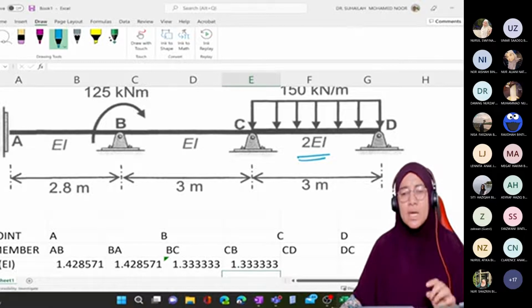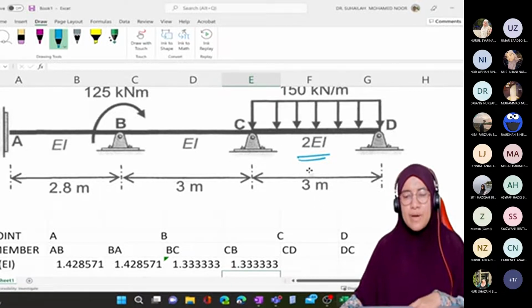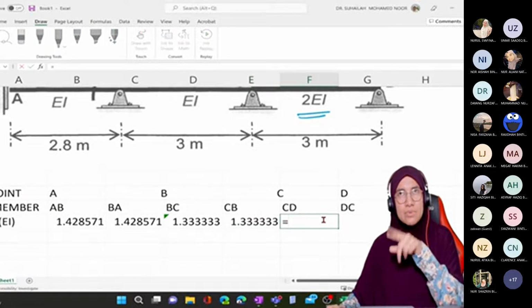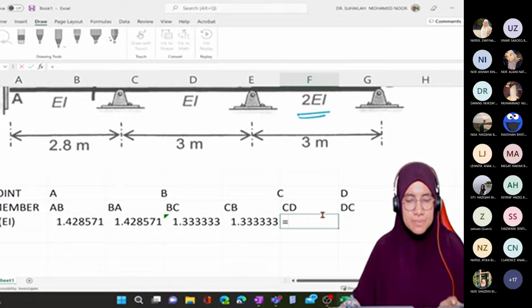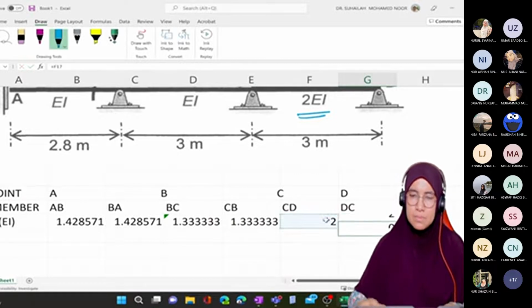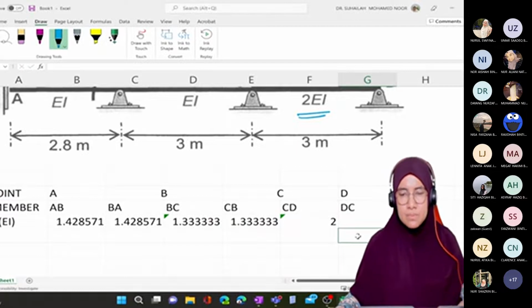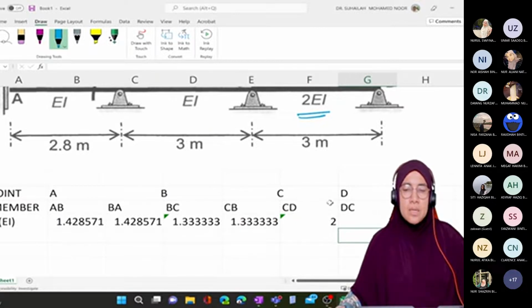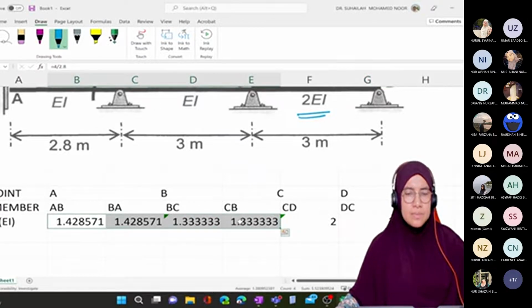It is 3 times 2 divided by 3, which is 2.